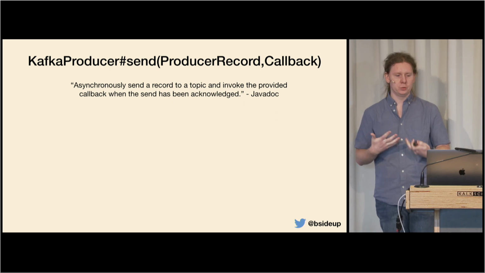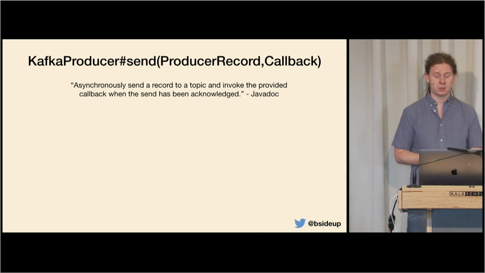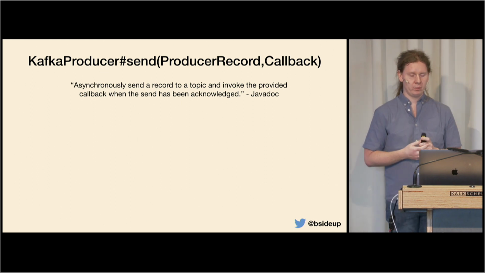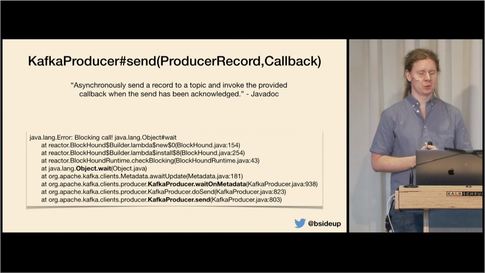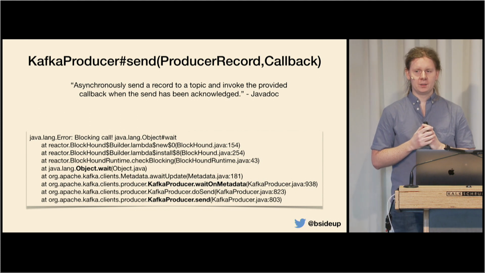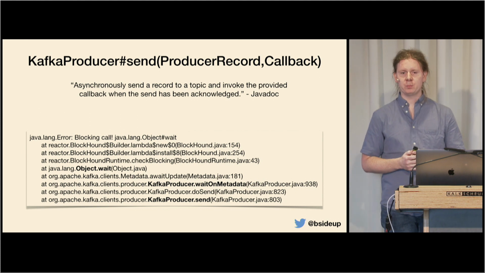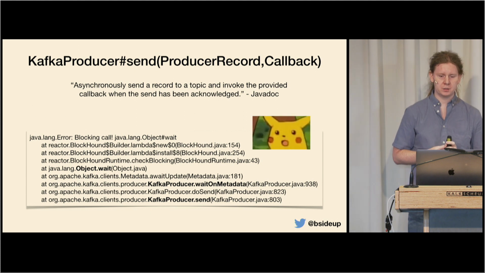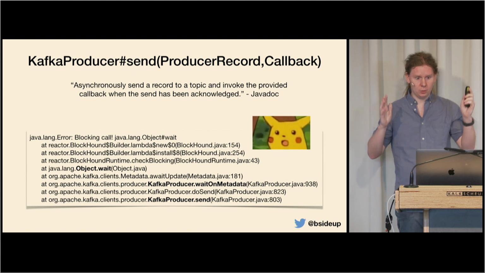So I got used to it. I know that callback means asynchronous. If you run it with BlockHound, however, you'll get this exception. And that's something I did not expect myself, and I bumped into this issue, and it was like, oh, wow.